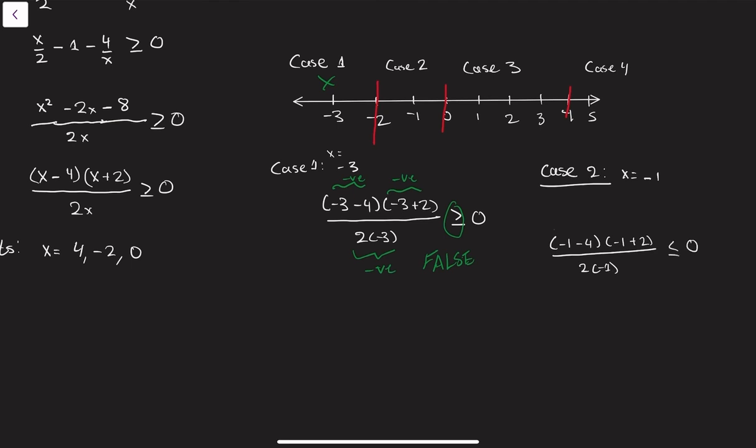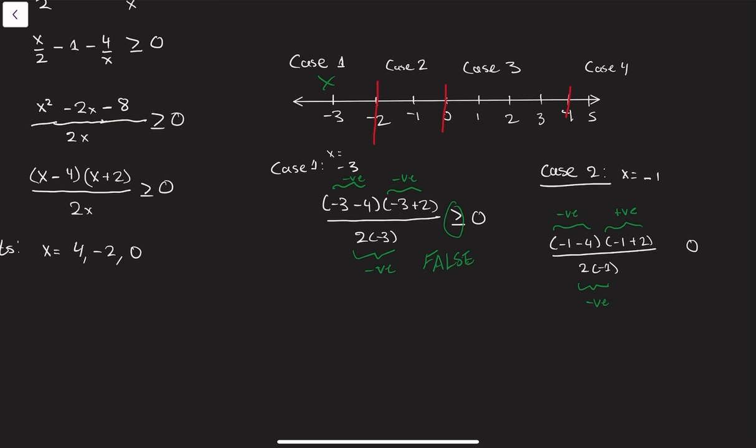So we know that this value right here is negative. This right here is actually positive, and this right here is negative. A negative multiplied by a positive is negative, divided by a negative is positive.